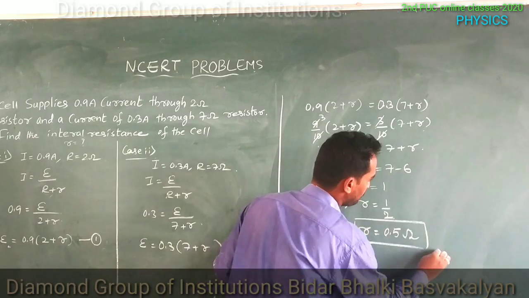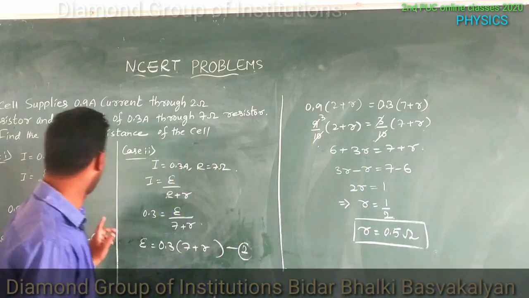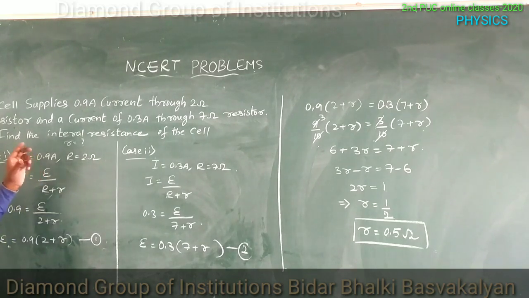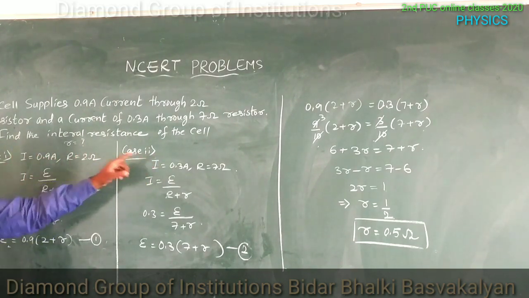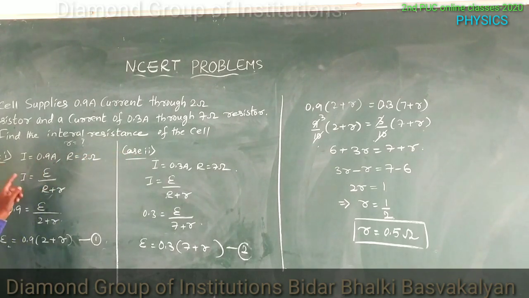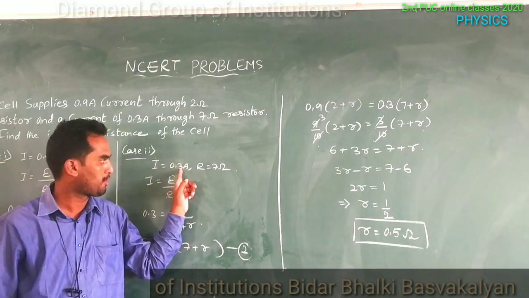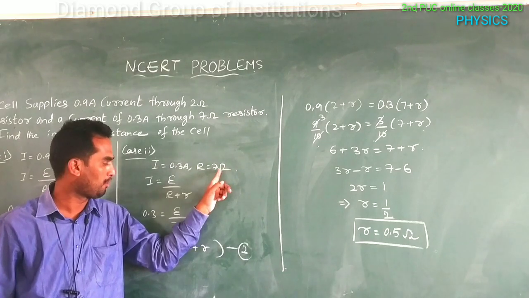See once again. Two currents are mentioned, two resistance values are mentioned. In case one, I equal to E divided by capital R plus r. This is equation number 1. And I is 0.3, R is 7 ohm. This is equation number 2.